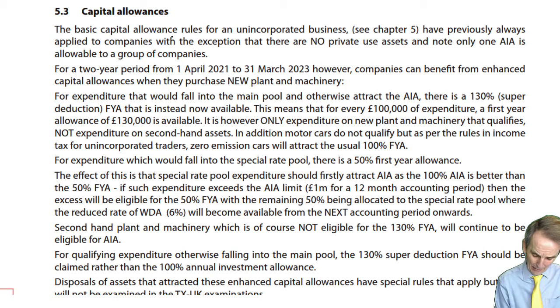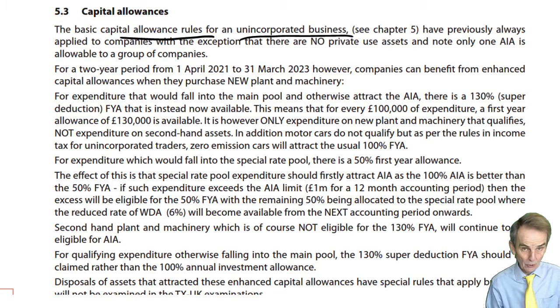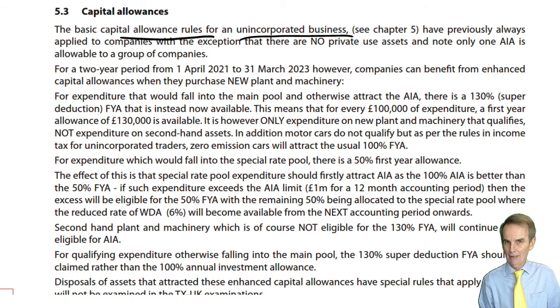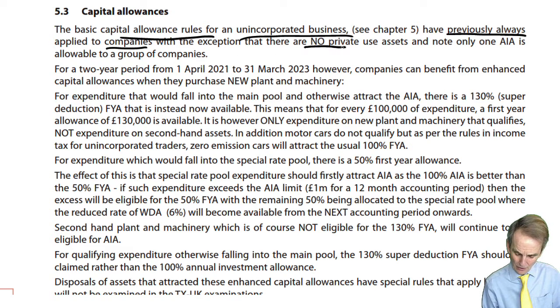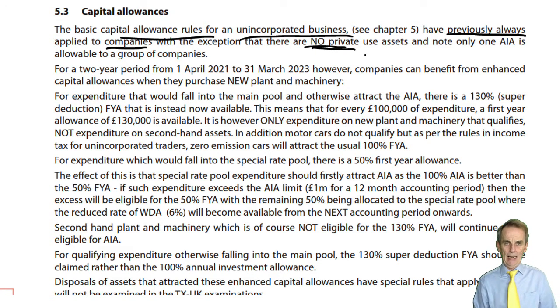Your basic capital allowance rules here for an unincorporated business, which we saw back in chapter 5, have previously always applied to companies as well, with the exception that there are no private use assets. We don't have private use in corporate tax. We only have it in income tax, where it is by the proprietor of that unincorporated business, not where there is private use by an employee.